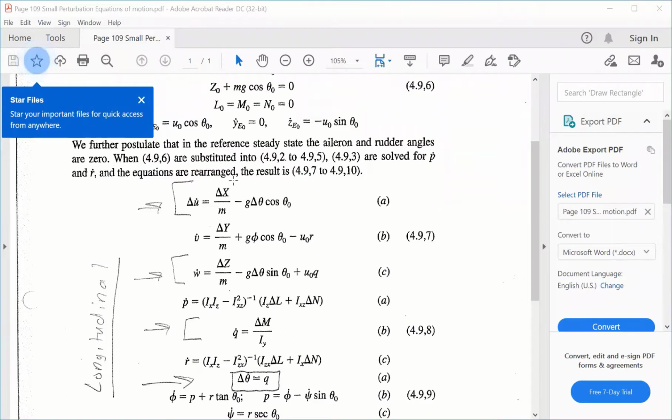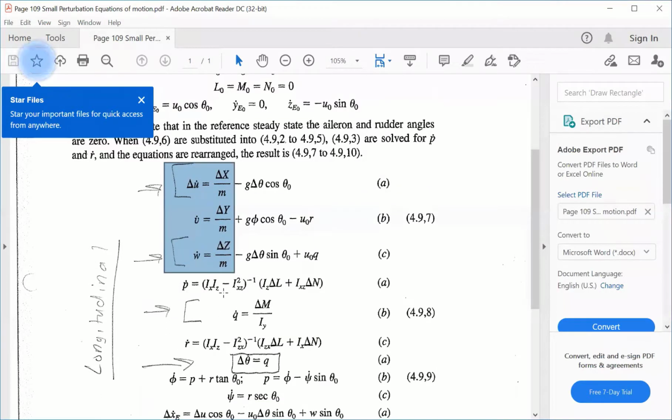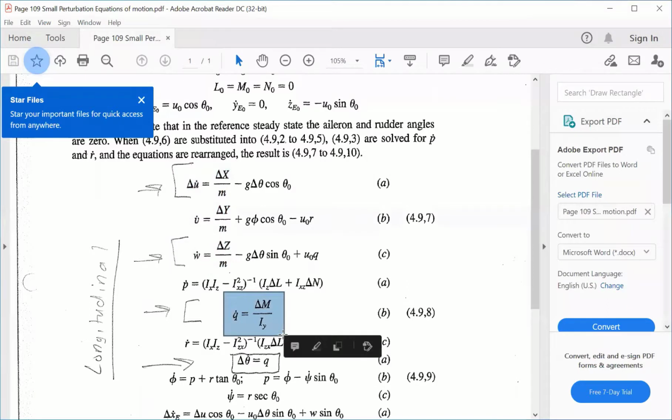So we're talking about these sets of equations here. Those are the force equations. There's the delta U dot equation, the W dot equation, and then we have the Q dot equation down here. So those are the longitudinal equations. The other three are the lateral directional. And so we're going to knock this one out. We don't need the U dot. We just need the W dot and the Q dot.